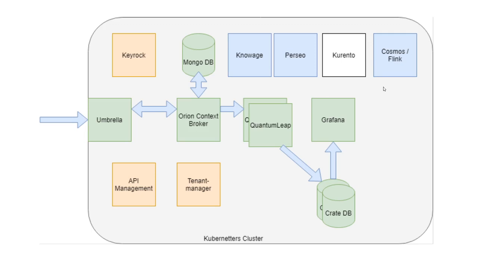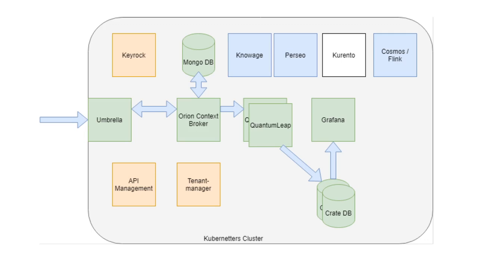Would have to check. Cosmos slash Flink is meant for data processing, so you can patch jobs in there and process data as you wish. So that in essence is the short of this.